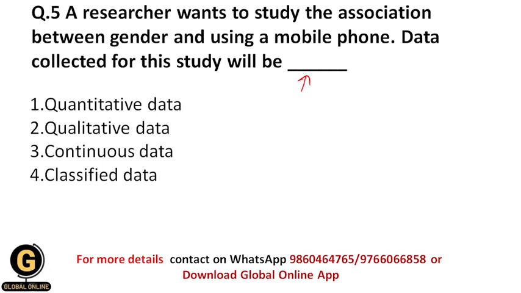For example, how many female candidates are using a mobile phone and how many male candidates are using a mobile phone, and the researcher wants to study that association. For that purpose, what kind of data will the researcher collect? Whether quantitative data or qualitative data, continuous data or classified data.